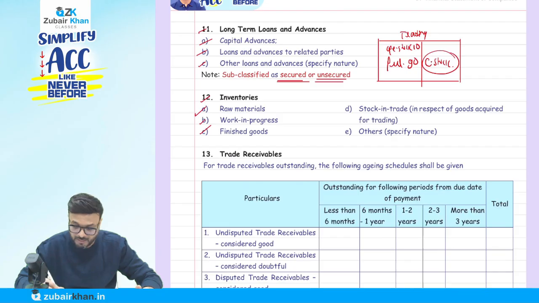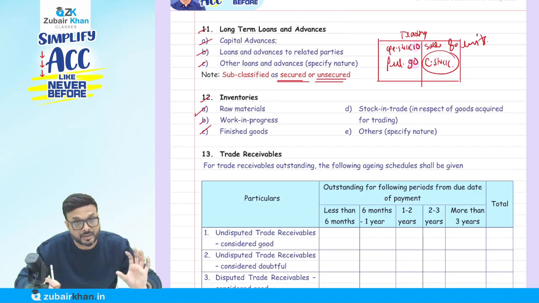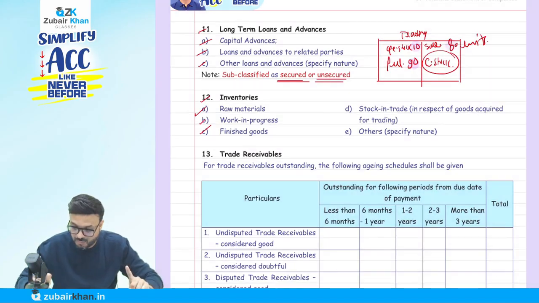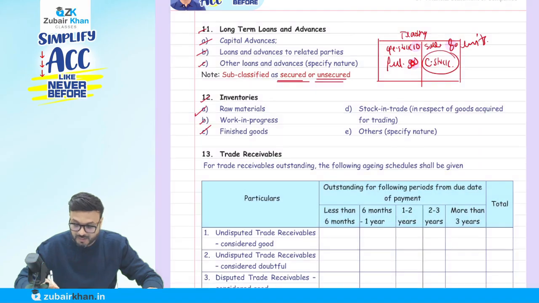So logically, suppose I record the sales for 80 units only. Don't you think it is illogical to record the expense for 10 plus 90, 100 units, and to record the revenue for 80 units? It is a mismatch. Out of these 100 units, I have 20 units which are in stock.